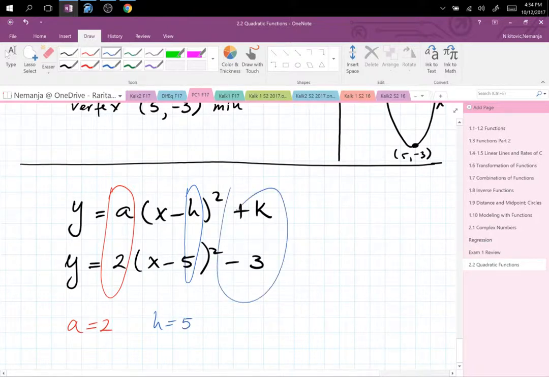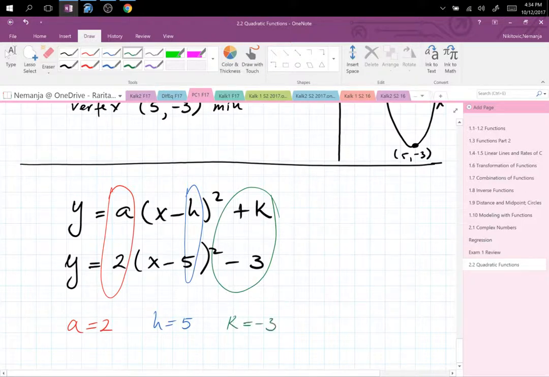And over here, with some color coding, what I see is that k is equal to -3. Their sign is not the same. If the signs are the same, you get positive values. If the signs are opposite, you get negative values. It's always like that.